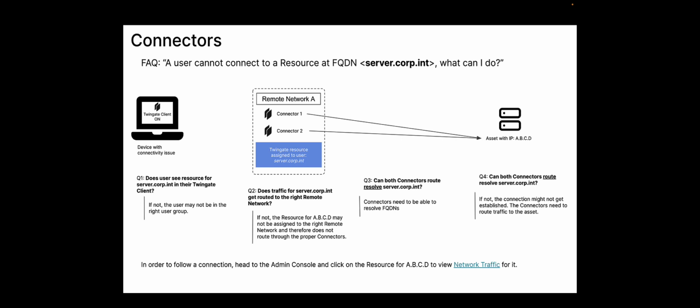Do make sure also that your connectors themselves are able to resolve host names without domain names. What that means in reality is that connectors need to be set up with search domains so that they can automatically add a domain to search for a host name. That's more specific to Windows, but it boils down to the same thing. Connectors need to be able to resolve.